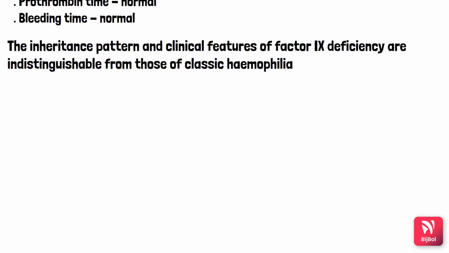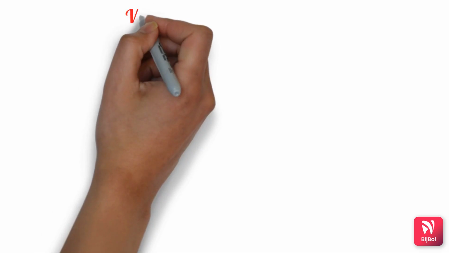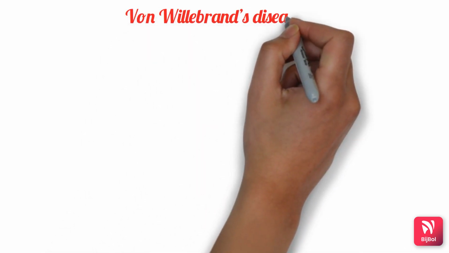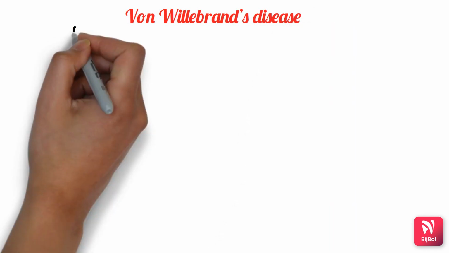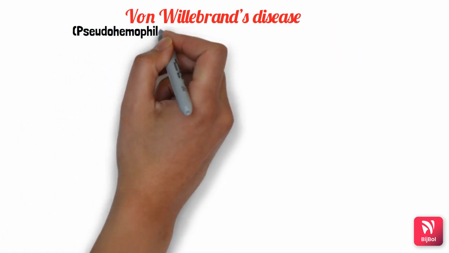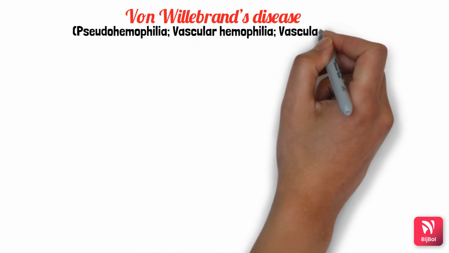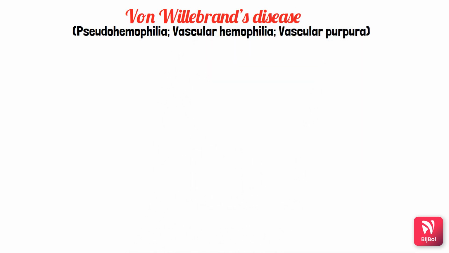So the next important disease that we are going to discuss here is von Willebrand's disease. This is also called pseudohemophilia or vascular hemophilia or vascular purpura. Here there will be a defect in von Willebrand's factor, both qualitatively as well as quantitatively.